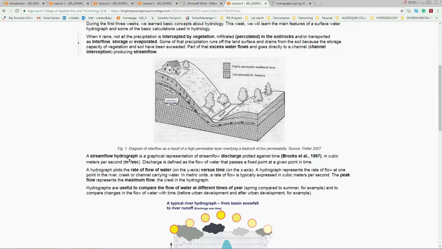So review these concepts: why we have infiltration, why we have this zone of interflow, and what this part is. This is highly permeable, this is low permeability bedrock, and here we have the water table and all the saturated waters.